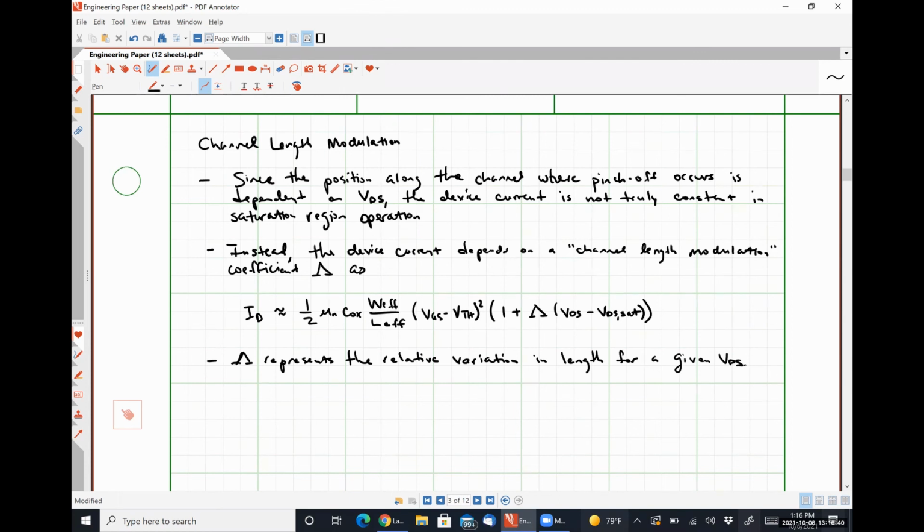But if we have a very short channel device, a small change in VDS represents a large change in the pinch-off location, right? So the larger channel length we make our transistors, the smaller the effects of channel length modulation will be.